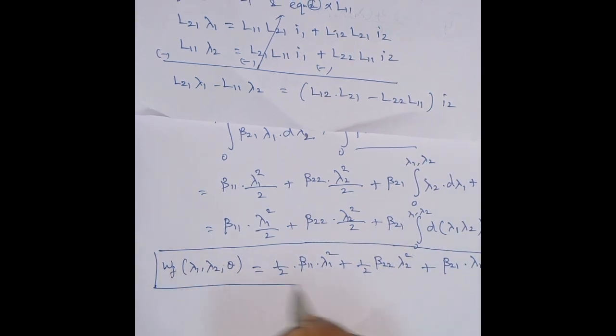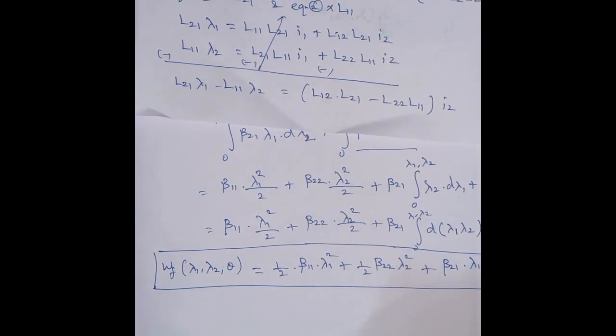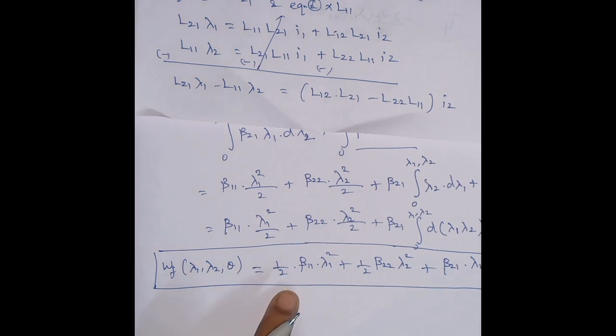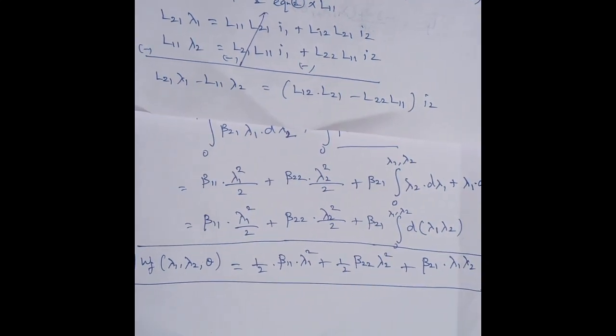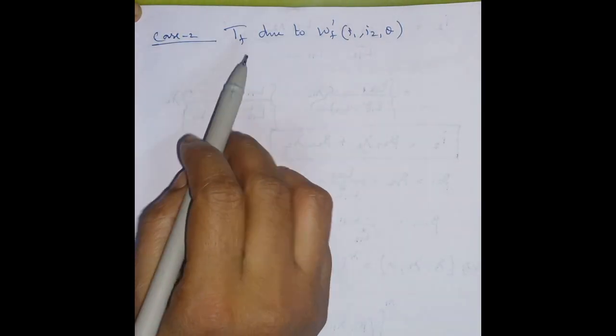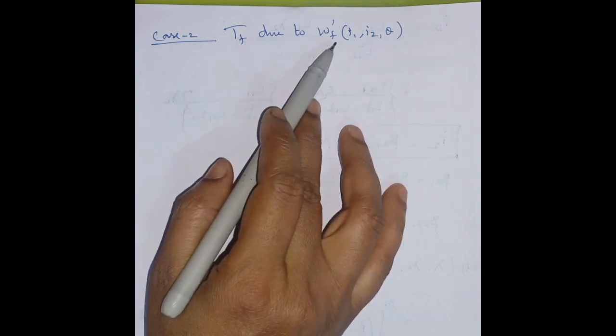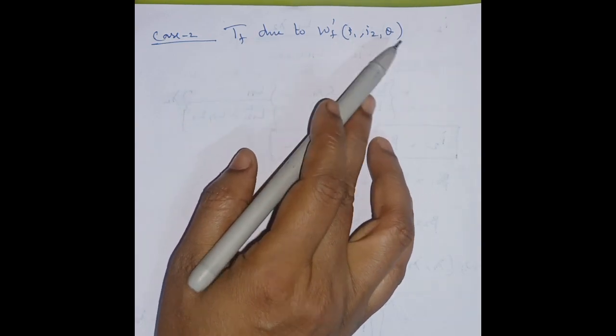So if we differentiate with respect to theta, we will get the torque produced by the magnetic field or change in electric field, okay? Similarly, we are going to discuss torque due to co-energy. Again, we are going to discuss the torque due to WF dash, which is a function of I1, I2, theta.